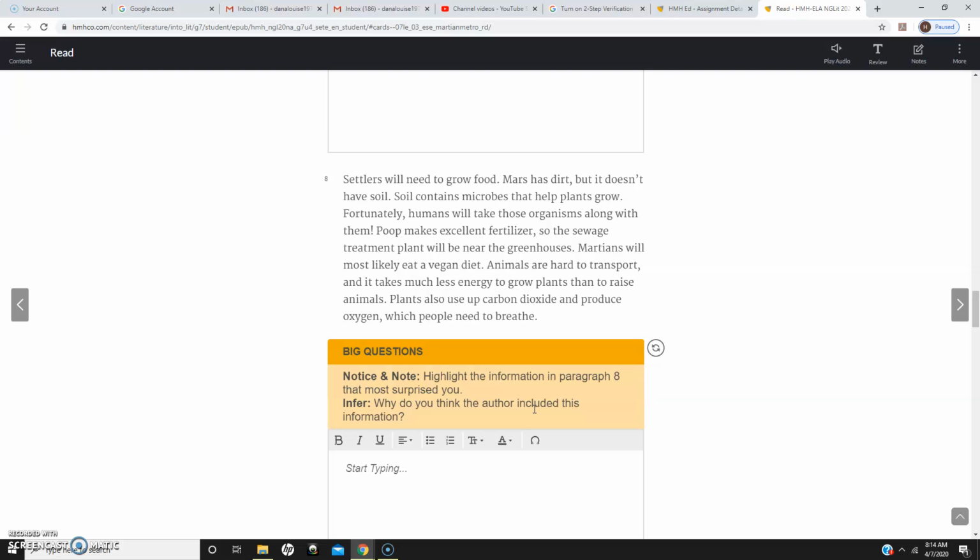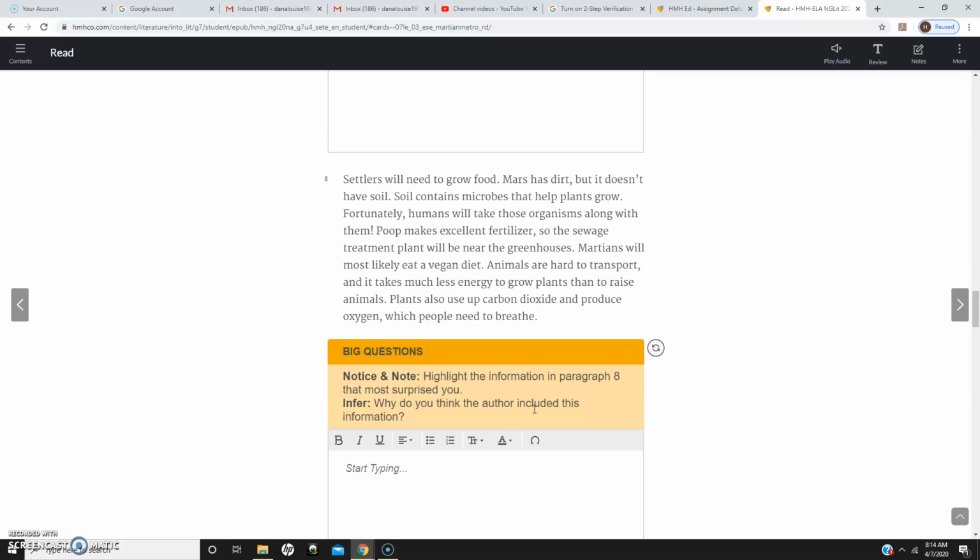Settlers will need to grow food. Mars has dirt, but it doesn't have soil. Soil contains microbes that help plants grow. Fortunately, humans will take those organisms along with them. Poop makes excellent fertilizer, so the sewage treatment plant will be near the greenhouses.